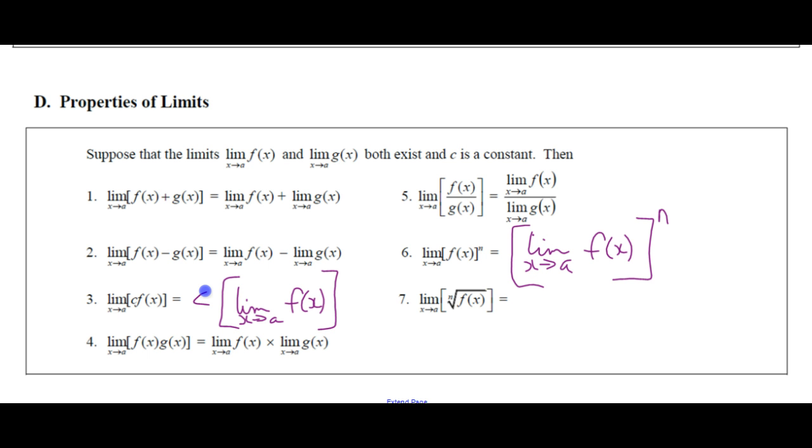Okay. And the nth root of the thing says you can probably do what? Okay, you do the limit as x approaches a. Oh, sorry, actually, you can do the nth root of the limit.